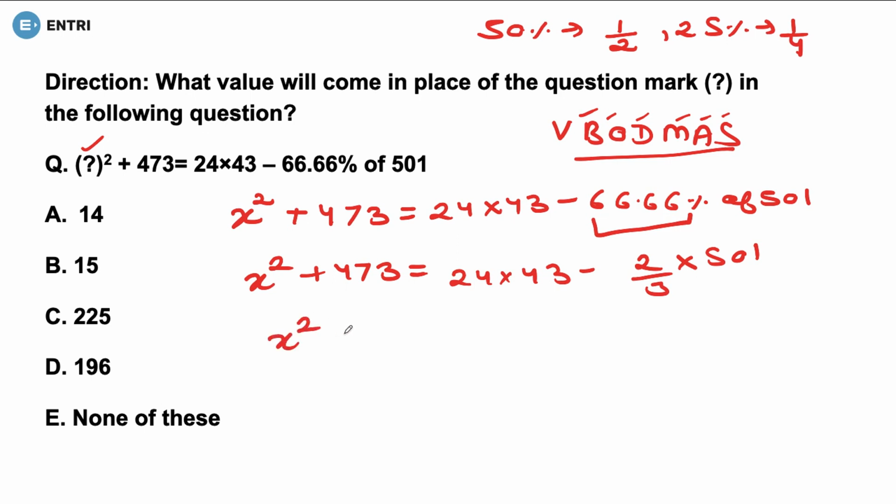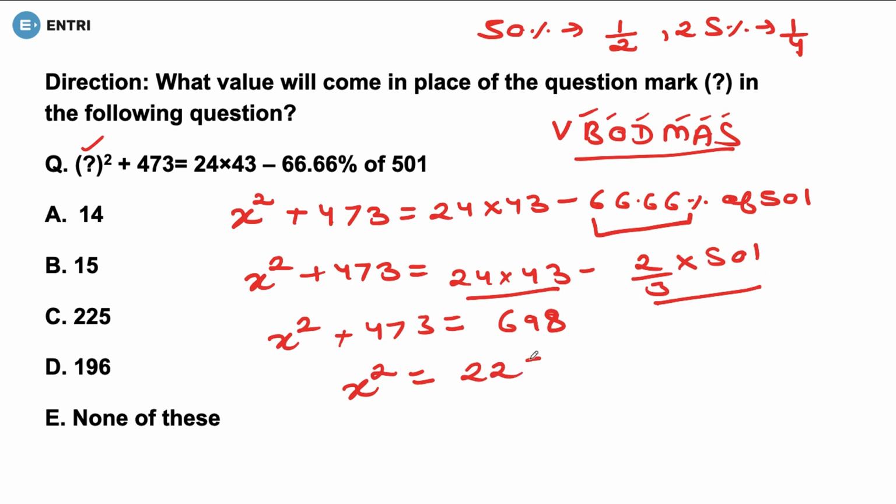Now you can directly solve it out. x square plus 473 is equal to, it is 1032, fine, and this will directly solve by dividing it by 3, fine, and it will directly give you 698. And you know that it is 473 on this side. If it goes there, it would be minus, so x square is equal to 698 minus 473, and that is equal to 225.